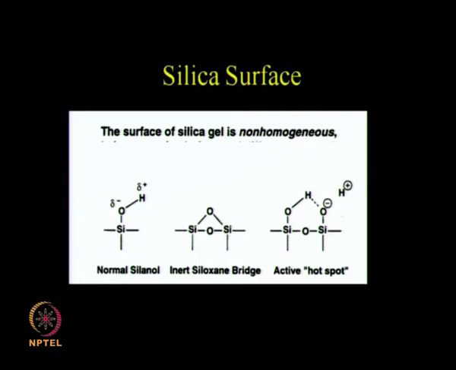Ideally I would like to have this situation, but many times you will have it like this, and then you are in big problem because protons are liberated and you are going to have O minus on the stationary phase. So you need to understand this and see whether you can neutralize it; this passivation or neutralization is what you do before you perform your HPLC studies.